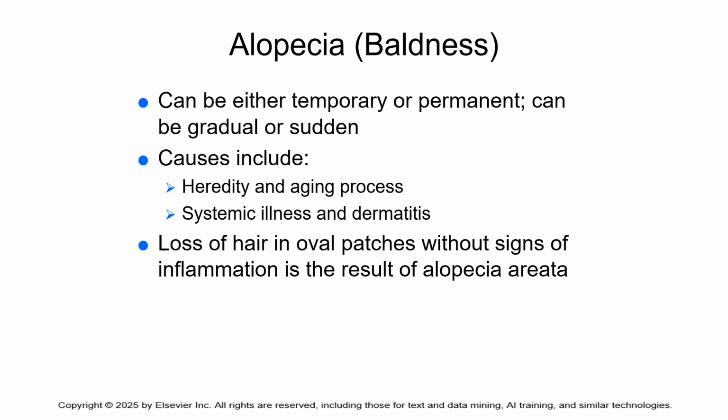It can also be heredity and aging based, or due to specific illnesses and dermatitis. Generally, they can lose hair in oval patches with signs of inflammation, which is a specific alopecia type.